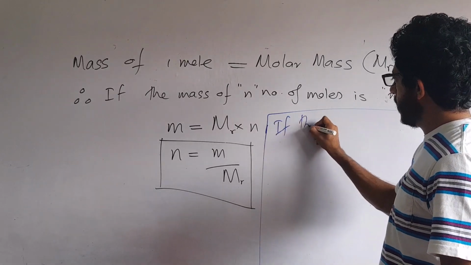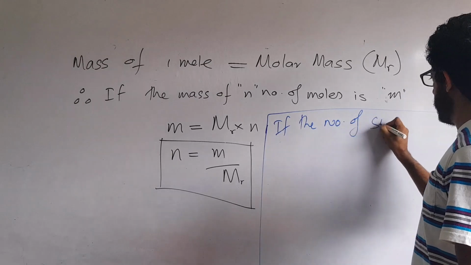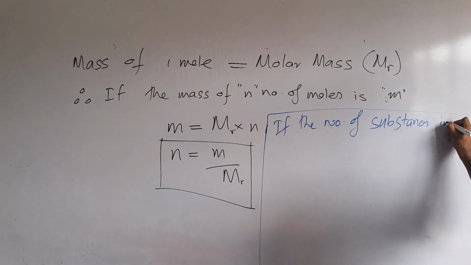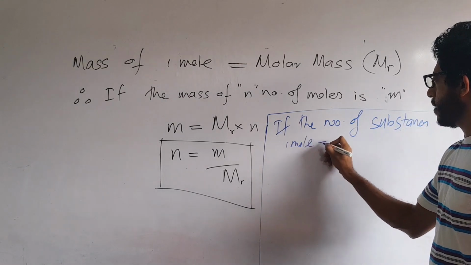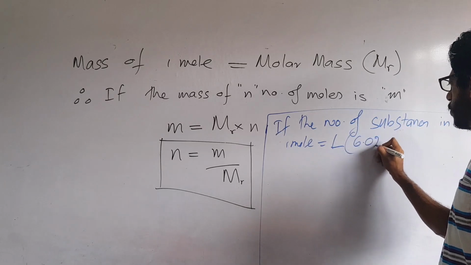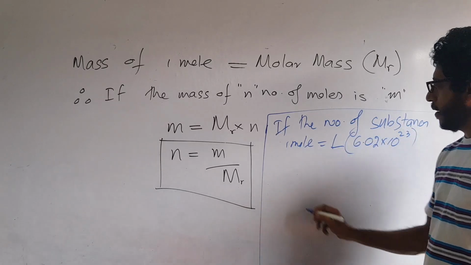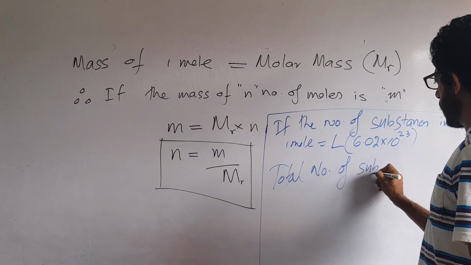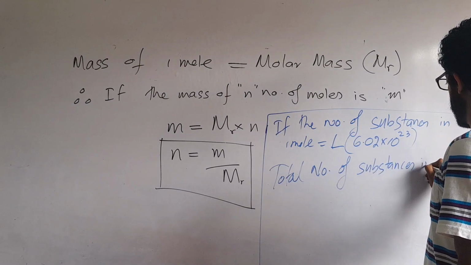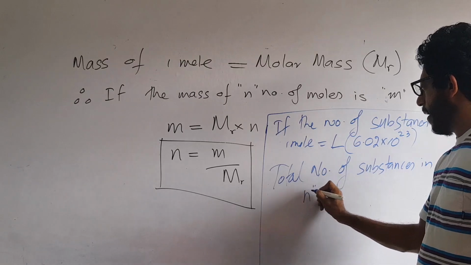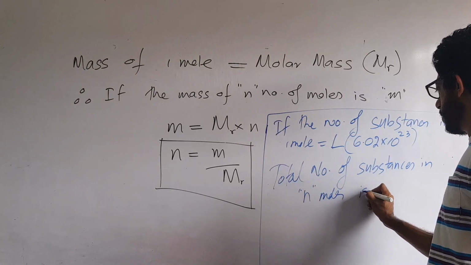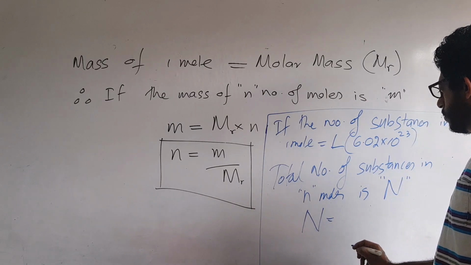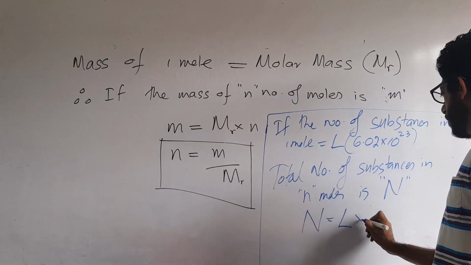If the number of substances, meaning ions, molecules, atoms, anything, in 1 mole is equal to capital L, which is 6.02 × 10^23, then the total number of substances in n moles is capital N, and capital N is equal to L × n.